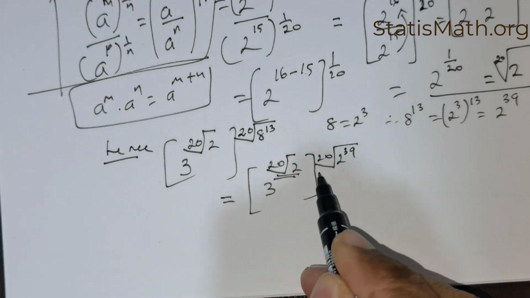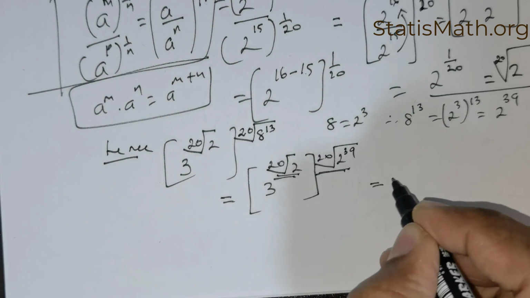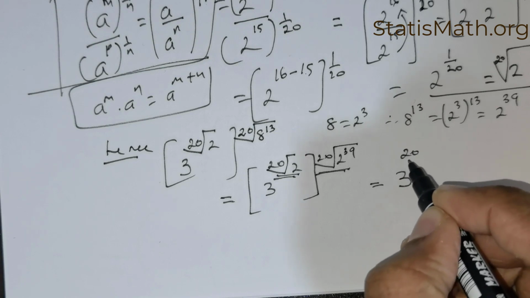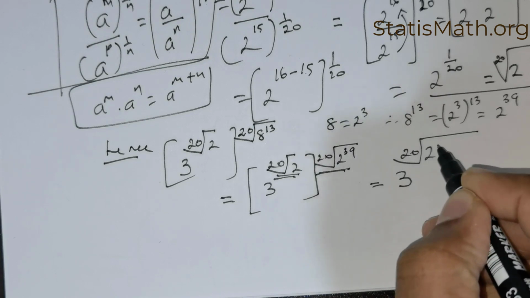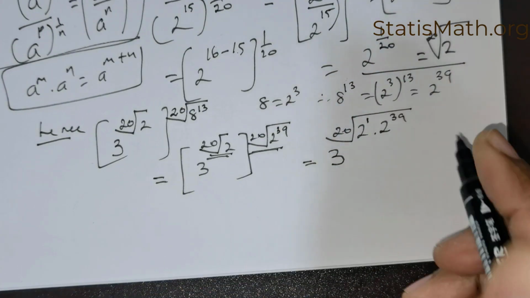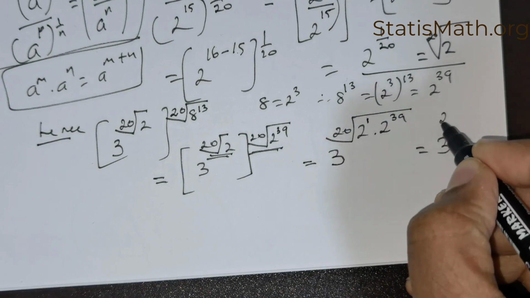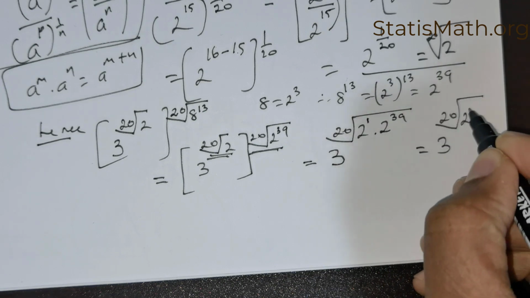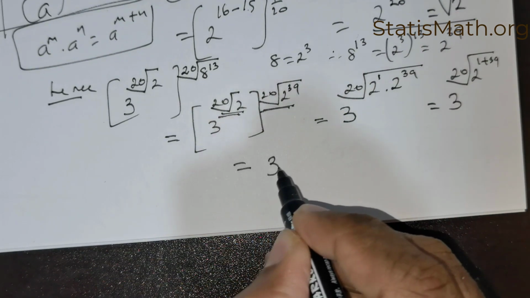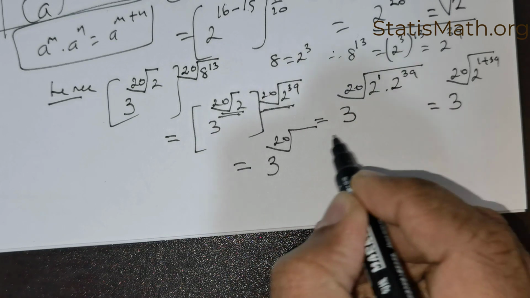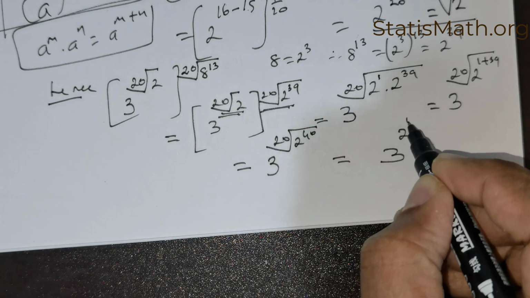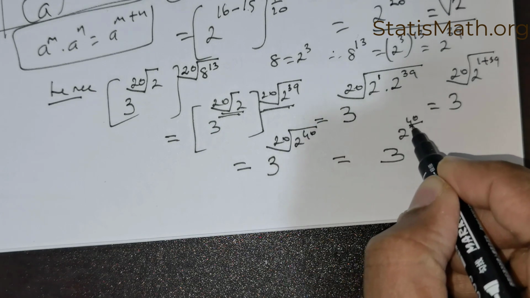Now you can clearly see that these two indices can be clubbed and rewritten as 3 raised to the power of 20th root of 2 raised to the power of 1 times 2 raised to the power of 39, which in turn can be rewritten as 3 raised to the power of 20th root of 2 raised to the power of 1 plus 39, which can be rewritten as 3 raised to the power of 20th root of 2 raised to the power of 40, which can be rewritten as 3 raised to the power of 2 raised to the power of 40 over 20.